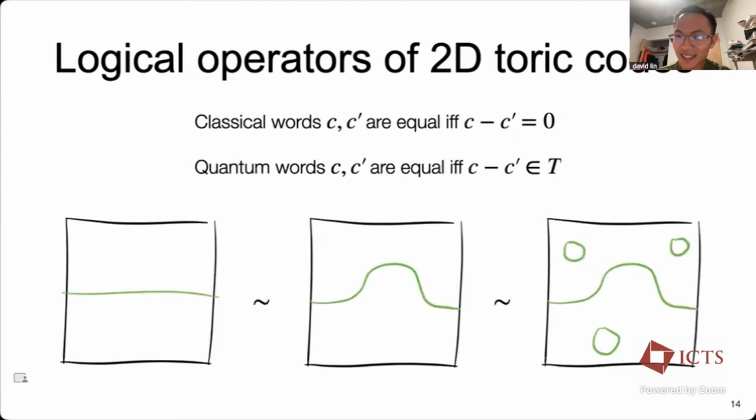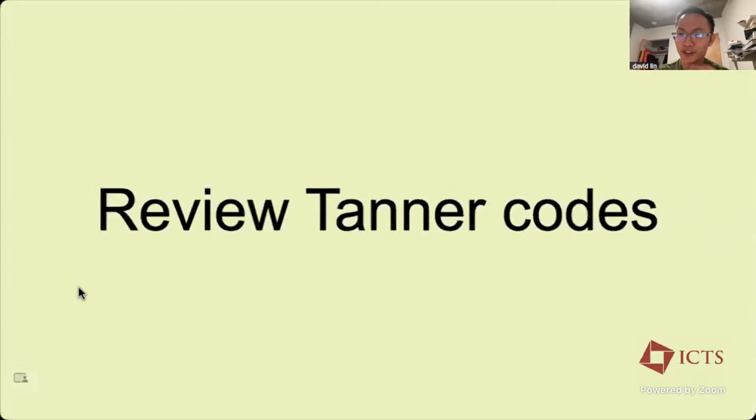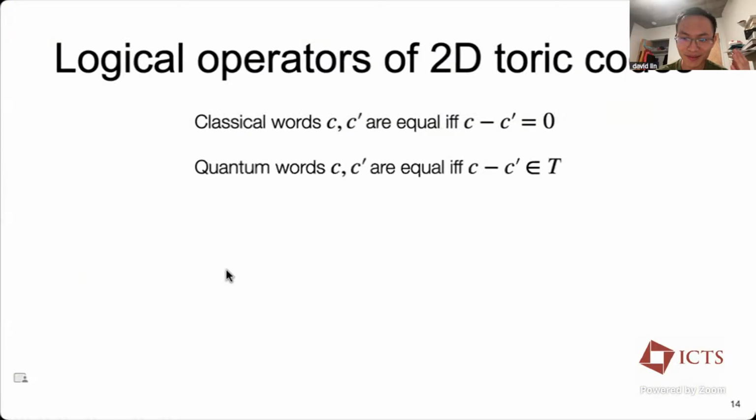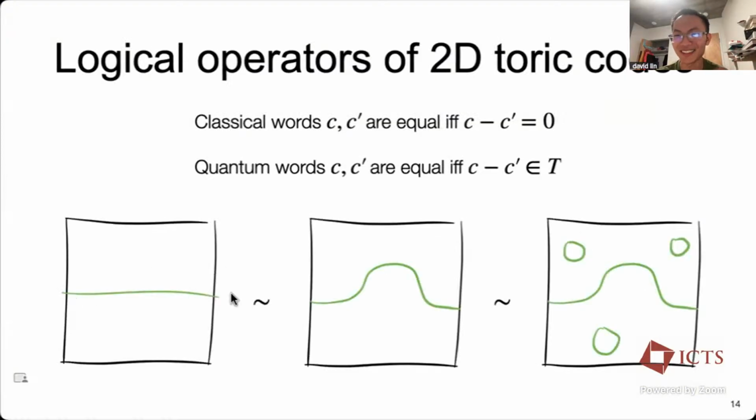What that means is that these 3 pictures are really the same thing, because they only differ by some contractible loops. Importantly, later on, when you see all these pictures, you shouldn't think of it as just a line. It's a line, but you can deform it. You have to keep all these pictures in mind. They're really the same thing.